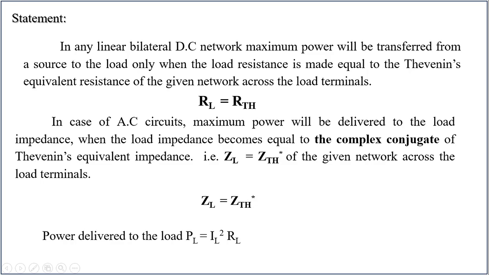We know the power delivered to the load formula: power P is equal to IL square into RL. If you know the current flowing through the load and the load resistance value, then IL square into RL is the power. Let us see the explanation of this theorem a little more elaborately.